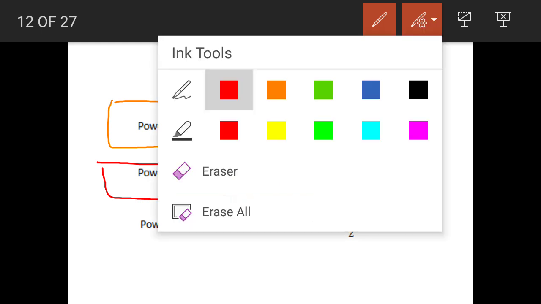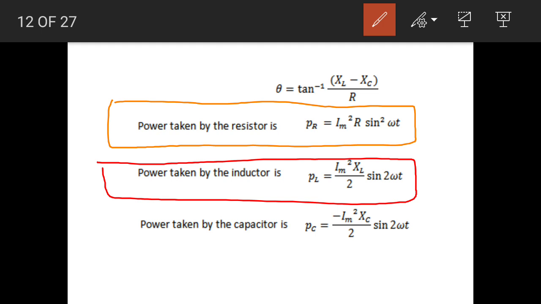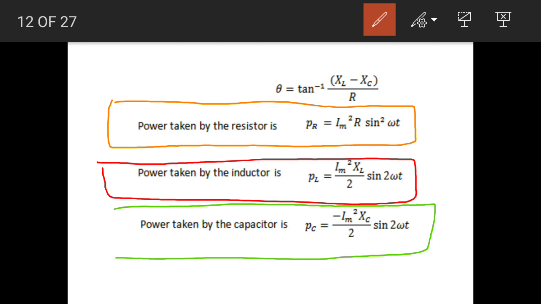Similarly, the time varying power which is taken by the capacitor from the AC voltage source can be calculated with the help of this equation. So you can calculate the time varying power taken by the resistor with the help of this equation, the time varying power which is taken by the inductor from the AC voltage source with the help of this equation, and this is the power which is taken by the capacitor from the AC voltage source.